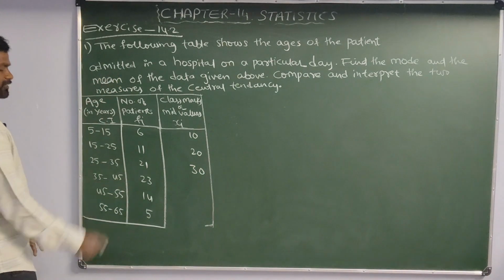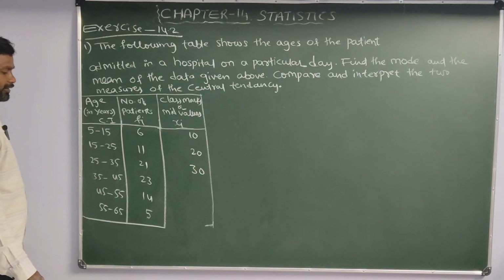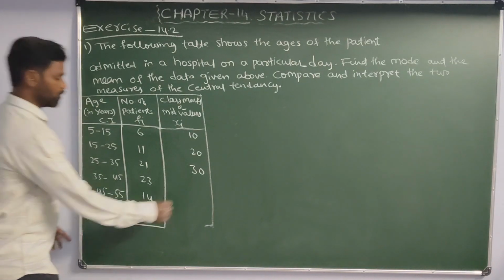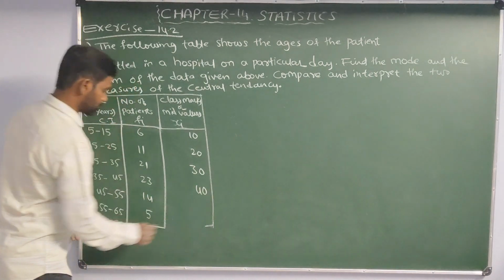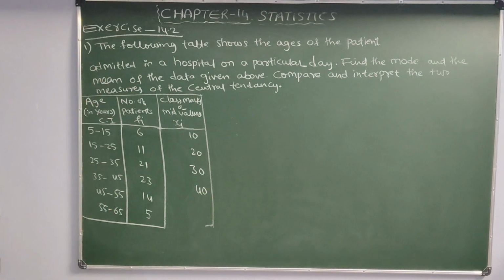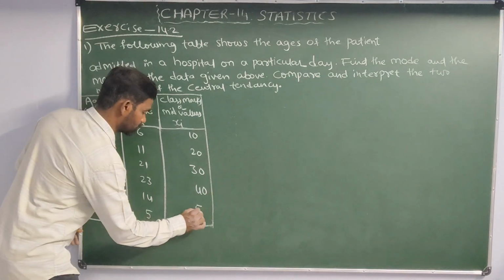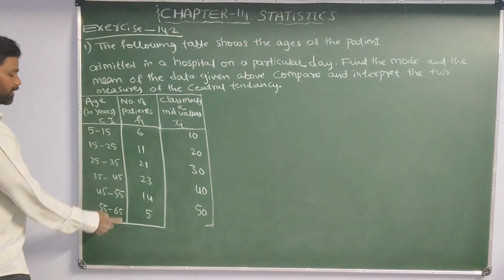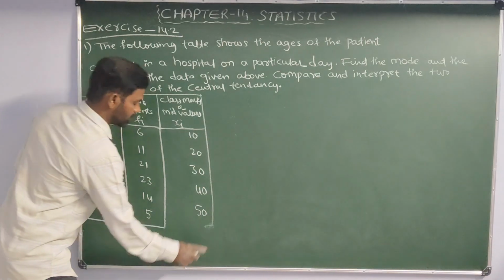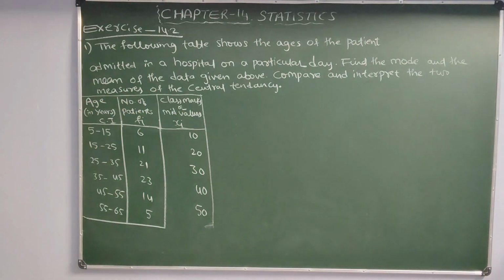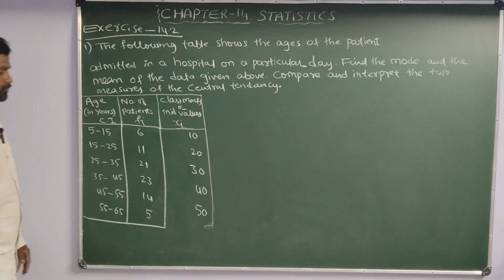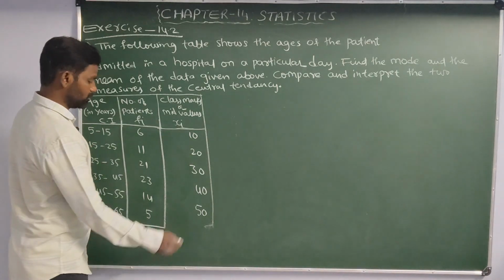Next, 35 plus 45, it is 80, divided by 2, 40. Next, 45 plus 55, it is 100, divided by 2, it becomes 50. Next, 55 plus 65, that is equal to 120. 120 divided by 2 is equal to 60.